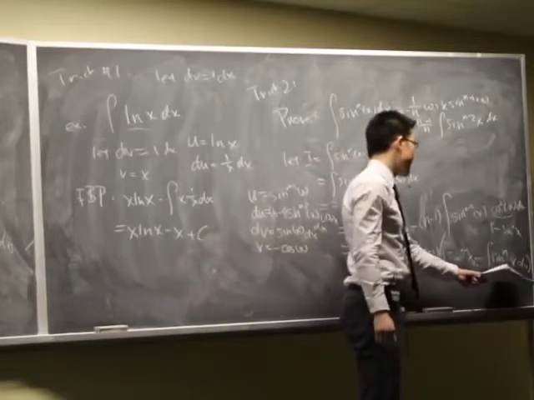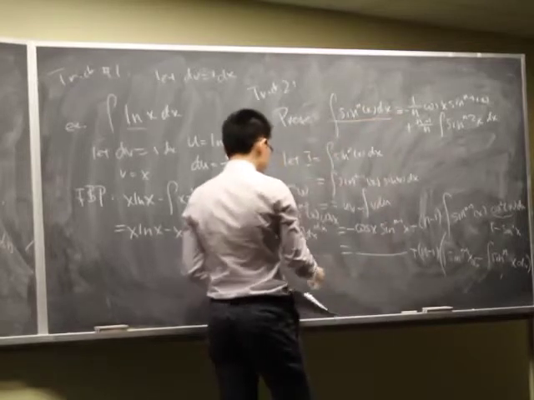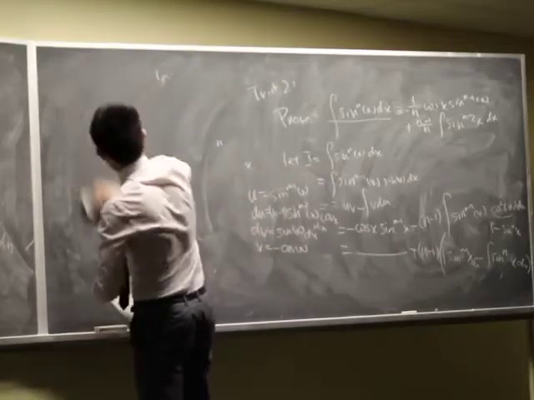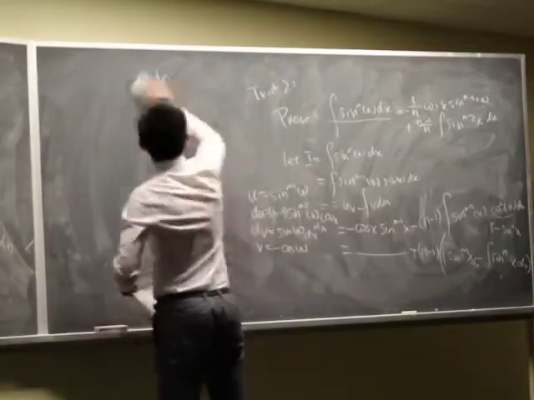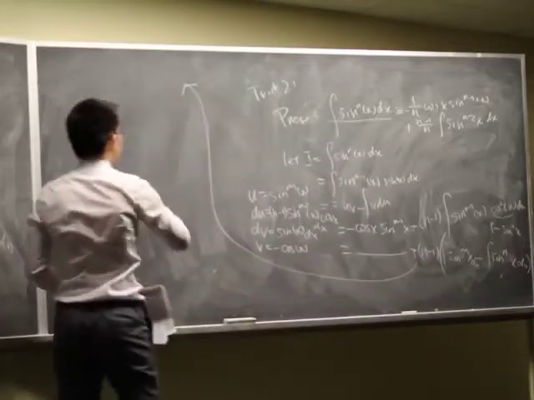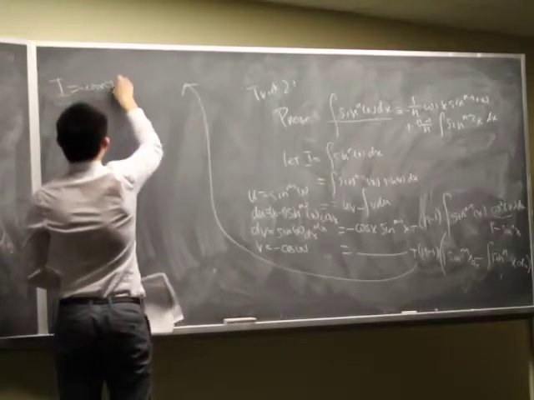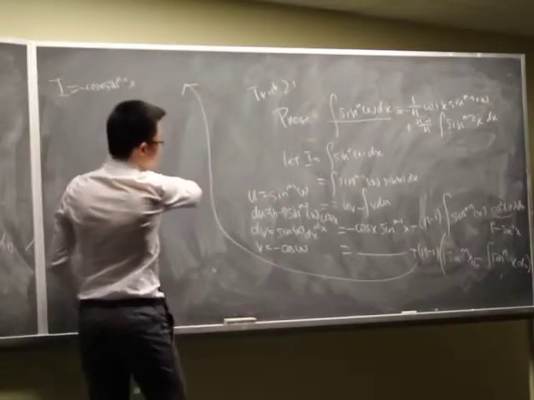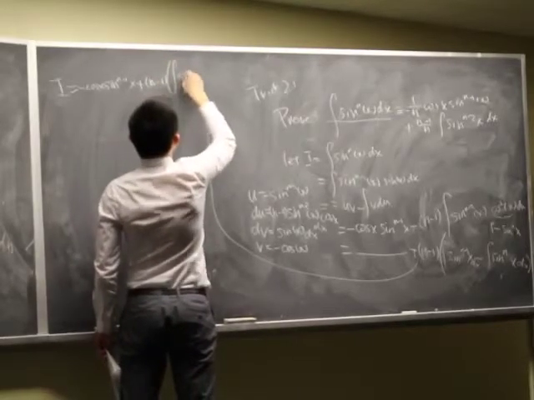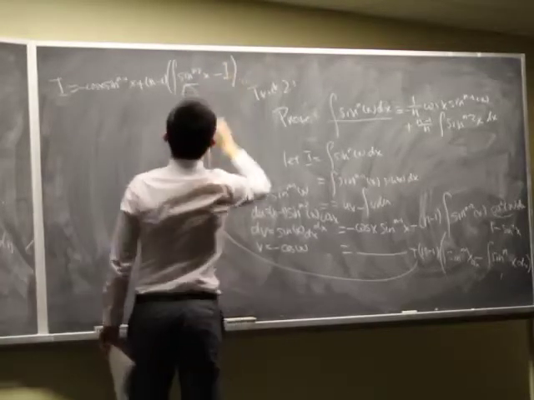And notice that this integral of sin^n x dx was what we started with. So I is equivalent to negative cos x sin^(n-1) x plus (n-1) brackets integral of sin^(n-2) x minus I itself.